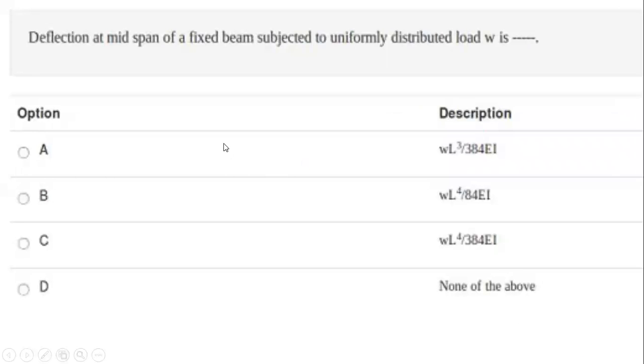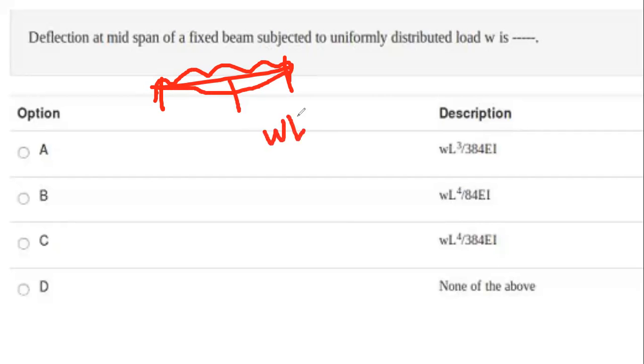Okay. Deflection at midspan of a fixed beam subjected to UDL W is. Again, this is the standard loading condition. If this is the fixed beam subjected to UDL, this is the deflected shape, and the deflection at center is given by WL raised to 4 divided by 384 EI.